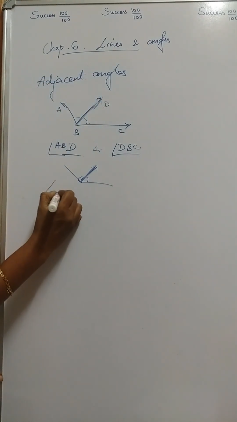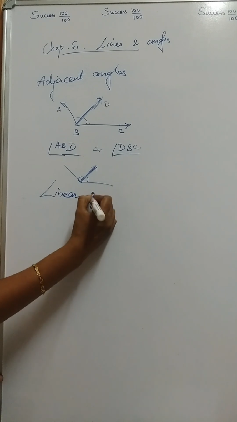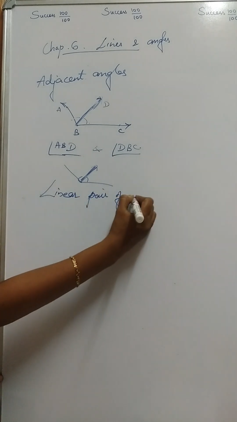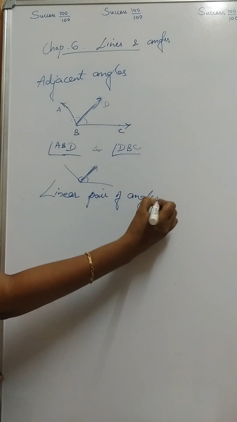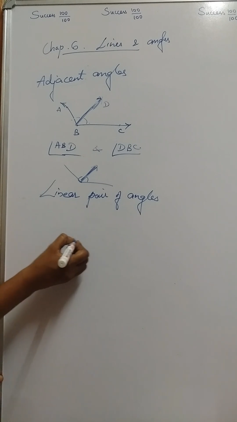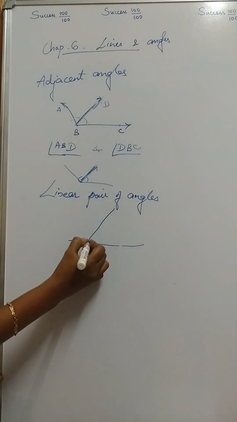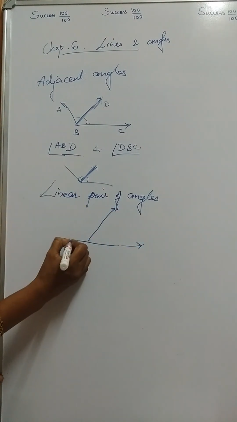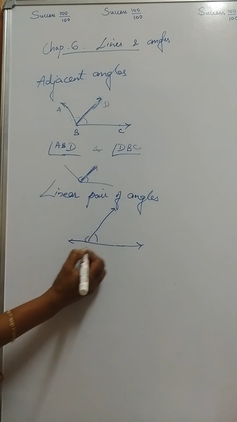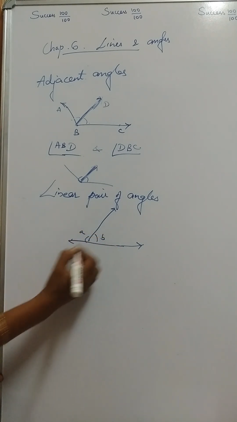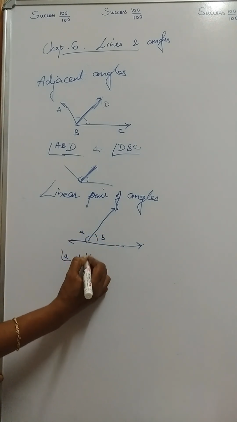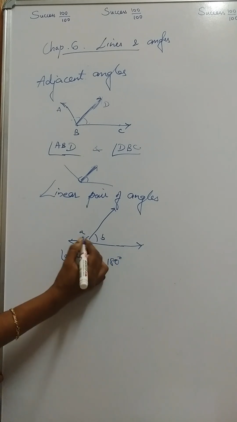Okay. So the next topic is linear pair of angles. Whenever the sum of adjacent angles forms 180 degrees, then they are called a linear pair.